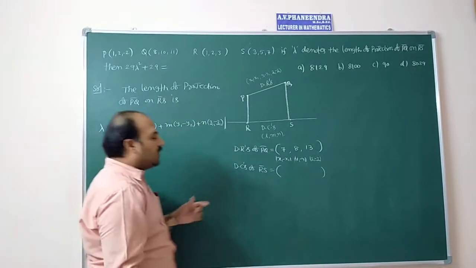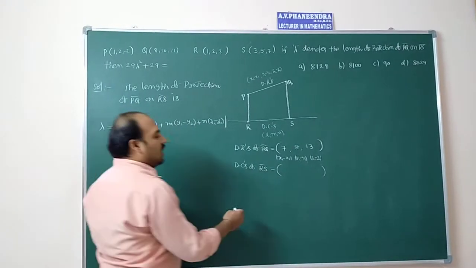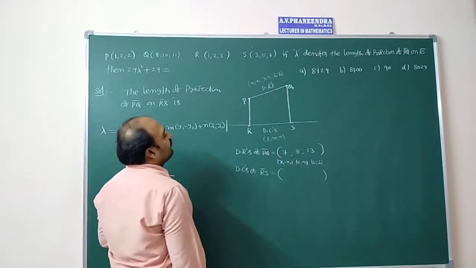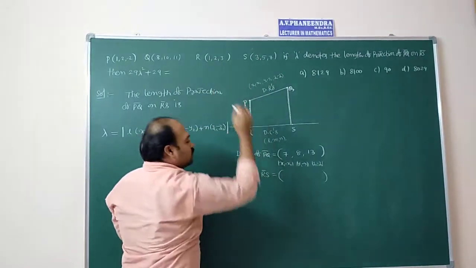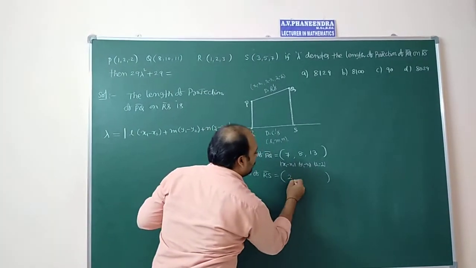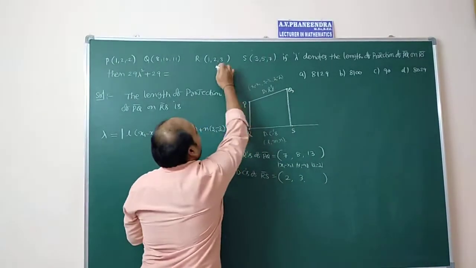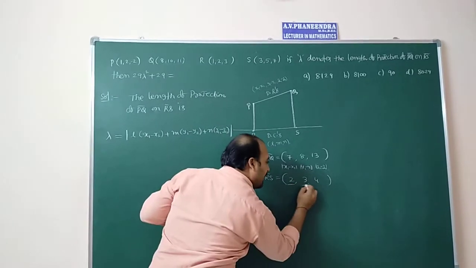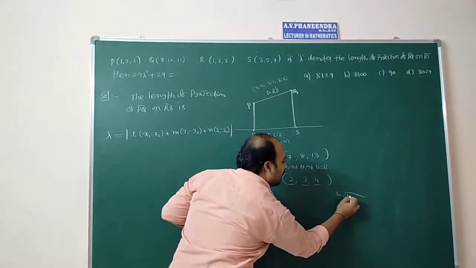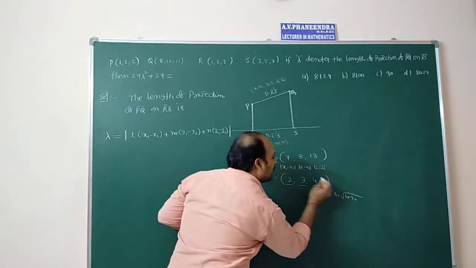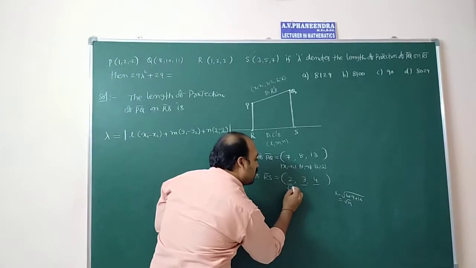Before calculating the direction cosines, first calculate the direction ratios, and after that divide by that value. But directly I am writing here: 3 minus 1 is 2, 5 minus 2 is 3, 7 minus 3 is 4, divided by r. Here the r value is what? Square root of 2 square plus 3 square plus 4 square, so root 29. Dividing by root 29.